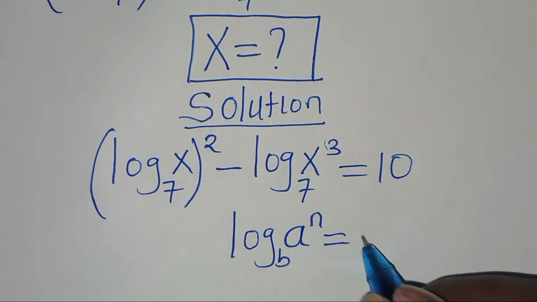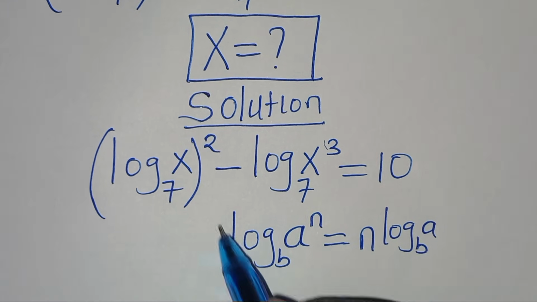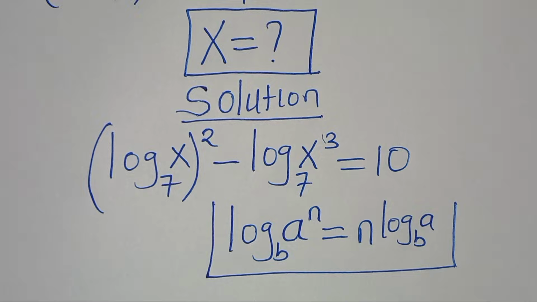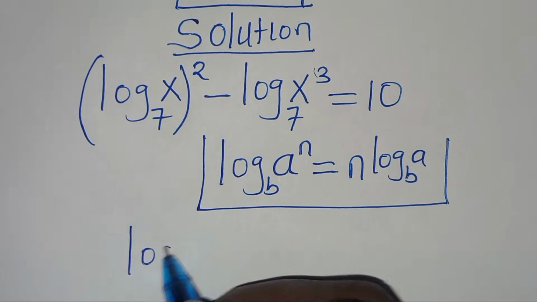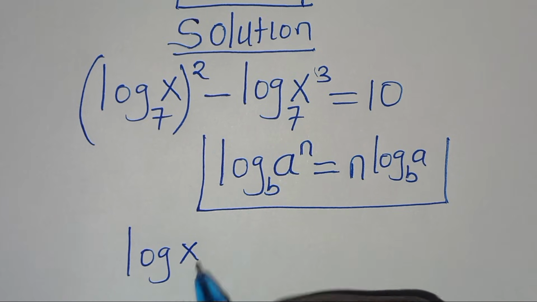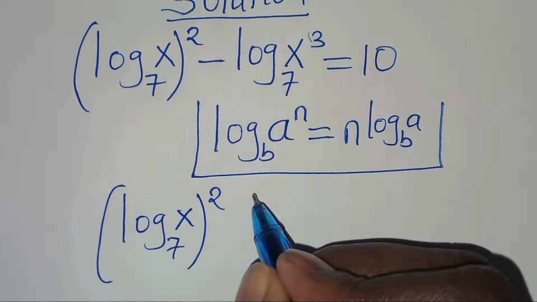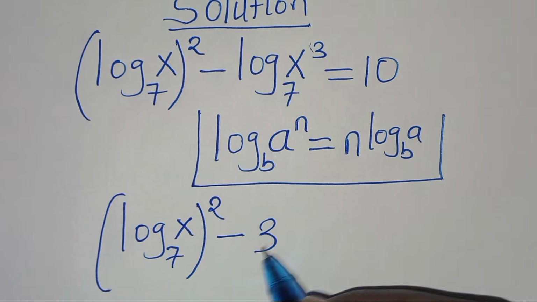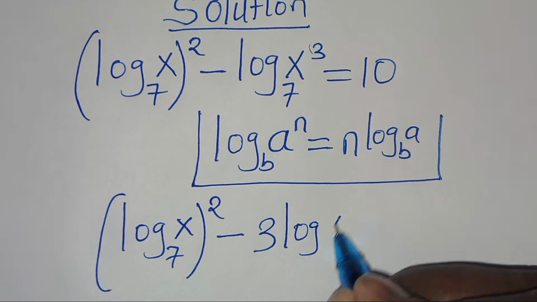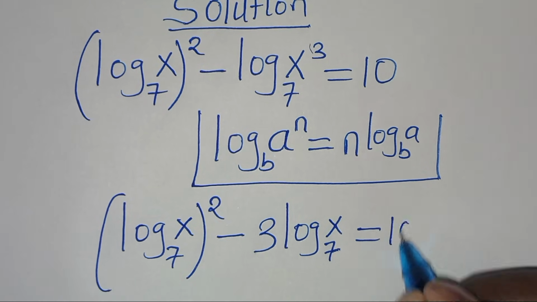This can be expressed as n log a to base b. So let's apply this logarithm property so that now we have (log x to base 7) raised to the power of 2 minus 3 log x to base 7. This is equal to 10.